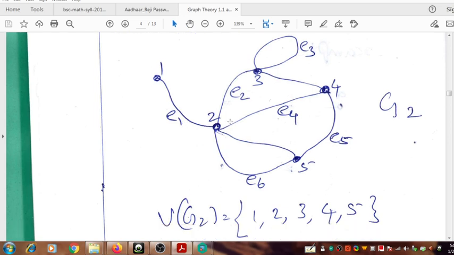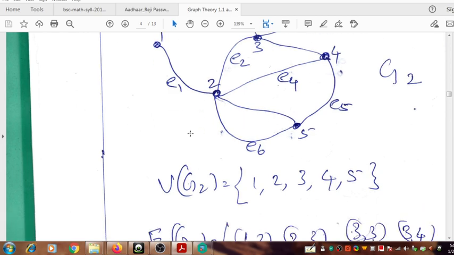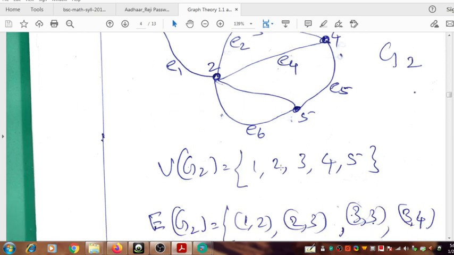And the labels given to the vertices are different. The number labeling is used here. We label the vertices using numbers 1, 2, 3, 4, 5. So the vertex set of G2 is {1, 2, 3, 4, 5}.